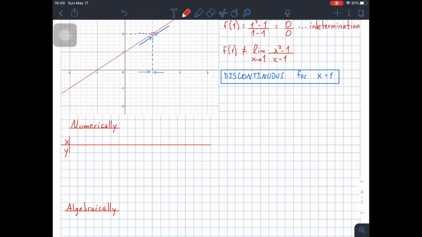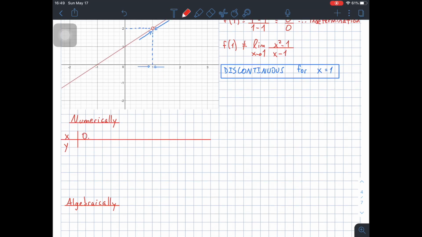I'm going to pick values that are very close to 1 in this case, because I want to determine what's happening when I am approaching 1. So I'm going to pick the values 0.9, and then we could say 0.99, then 0.999, and so on.